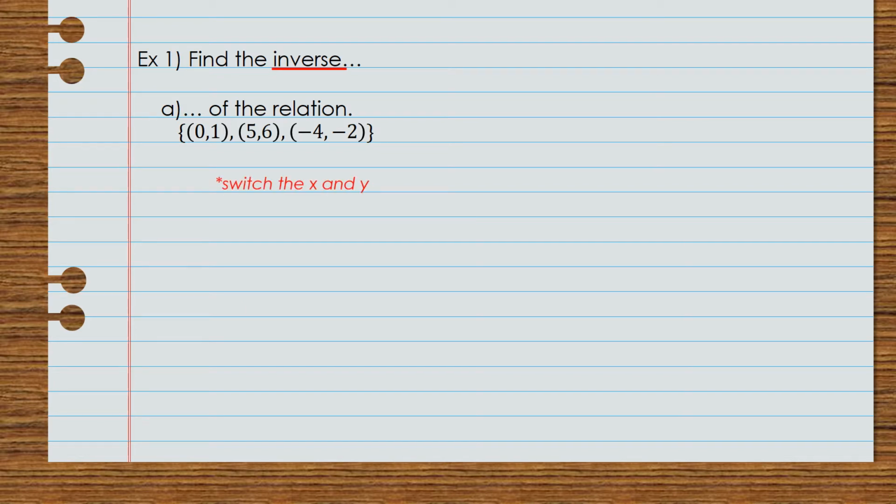You simply switch the x and the y, which means instead of the ordered pair (0, 1), it's now written as (1, 0). Instead of (5, 6), it's now (6, 5). Instead of (-4, -2), we now write (-2, -4).